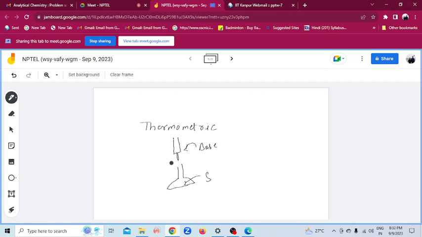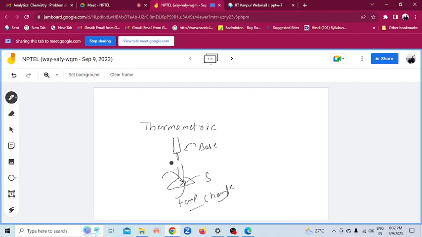At the end point, if there is some temperature change at the end point, then this end point can be measured by temperature change only. Generally what we do, we use some indicator.